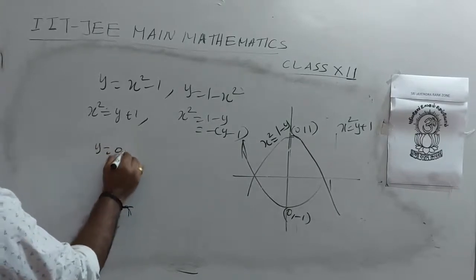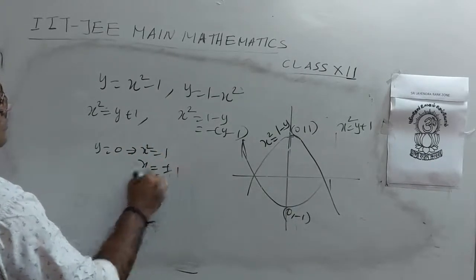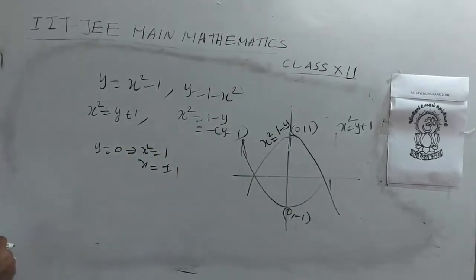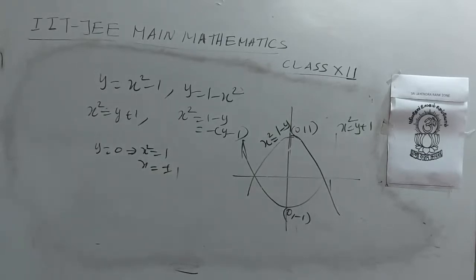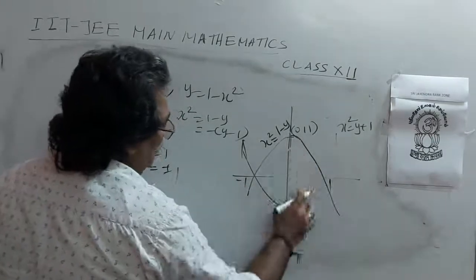Y equal 0 implies x equal to plus or minus 1. This point is minus 1, this point is plus 1. Two quadrants.